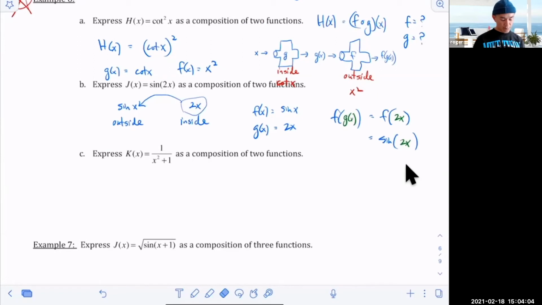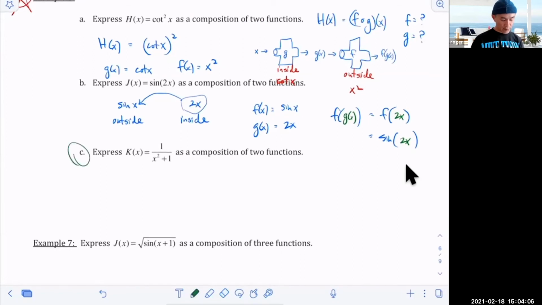Try C. Why don't you guys all try C right now? Write it as a composition of two functions. I'll give you a couple seconds to try that.